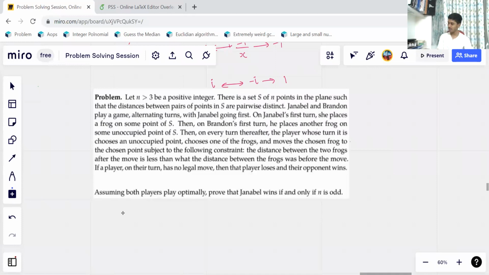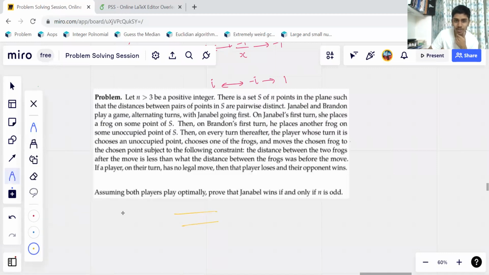I'm convinced you need to take some random matching somehow, but I have no idea. So we're going to completely reverse engineer the solution. Let's pretend there was a matching somehow. Then what property must the matching satisfy for it to work?